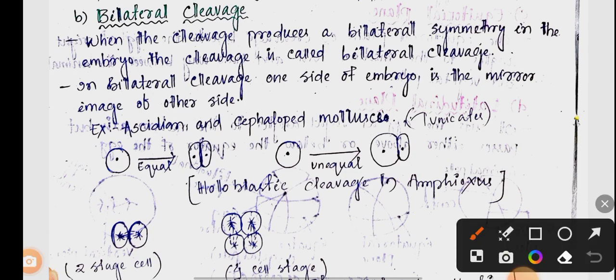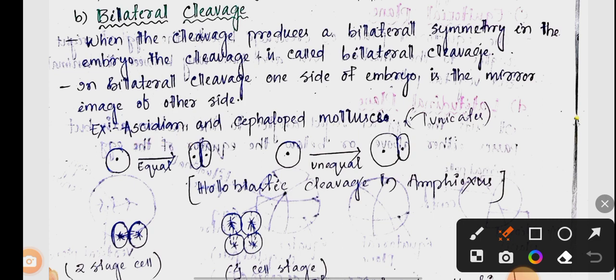Second is bilateral cleavage. When the cleavage produces bilateral symmetry in the embryo, it is called bilateral cleavage. One side of the embryo is the mirror image of the other side.